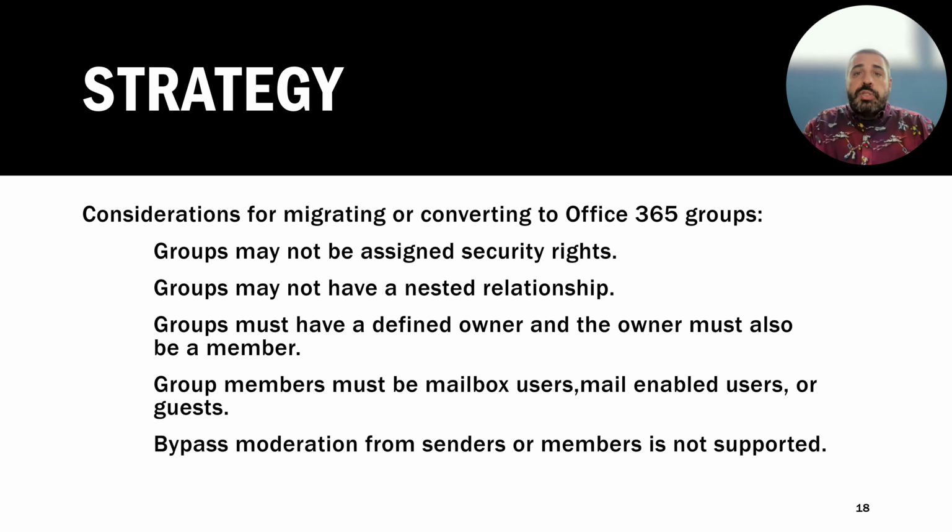The groups also support only certain membership types. Mailbox users, mail-enabled users, or guest accounts are eligible to be added to the Microsoft 365 group. There are also some settings of legacy distribution lists that are not available to you on the Microsoft 365 group. For example, bypass moderation from senders or members is not available.